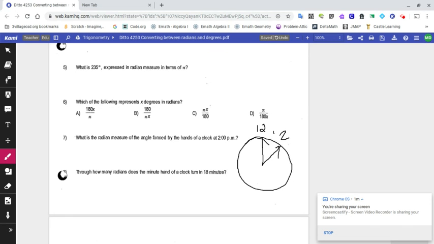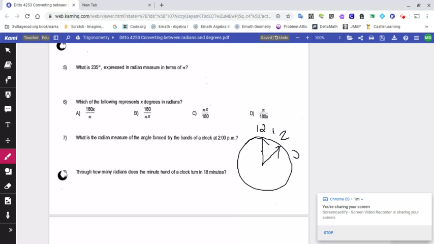All right, well, we know that there are 12 hours around the clock. So if we divide the entire clock into 12, that's 30 degrees per hour, meaning every number here on the clock, 1, 2, 3, each one represents 30 degrees.